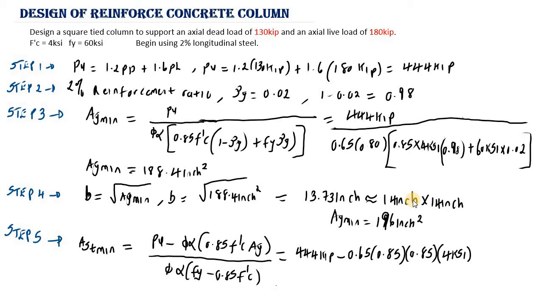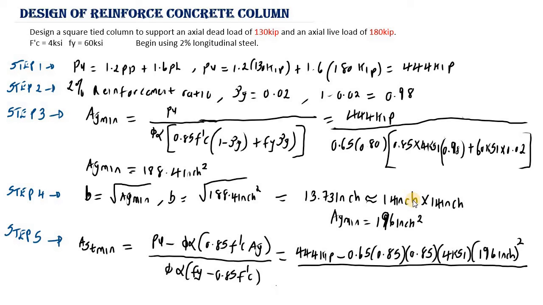Now the Ag is going to be your new gross area. So the new Ag is going to be 196 inch square. So don't make the mistake of taking the previous Ag. Be careful with that.